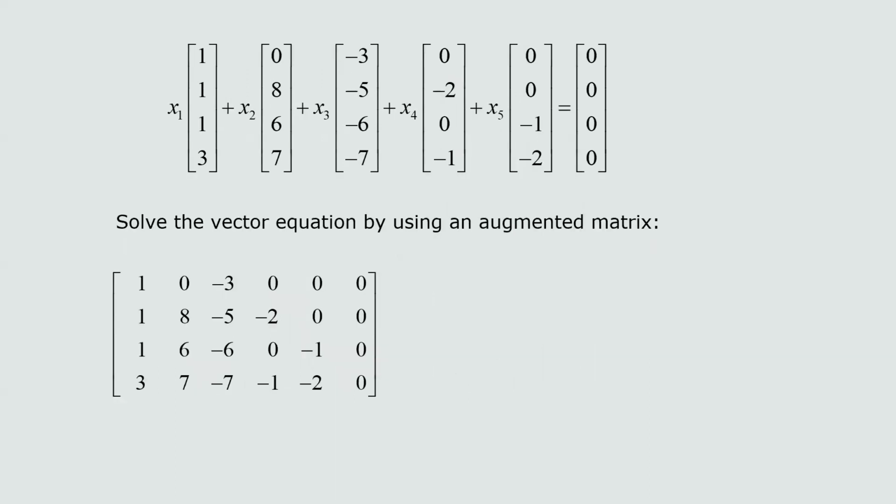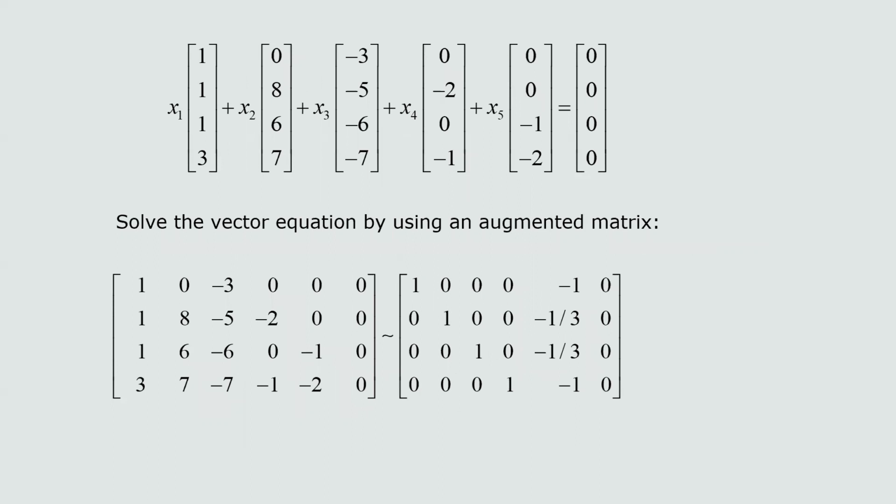Okay, so here's my augmented matrix. It just has all of the coefficients I read off to you from that vector equation. If I row reduce, I end up with the augmented matrix 1, 0, 0, 0, -1, 0, 0, 1, 0, 0, -1/3, 0, 0, 0, 1, 0, -1/3, 0, and 0, 0, 0, 1, -1, 0.